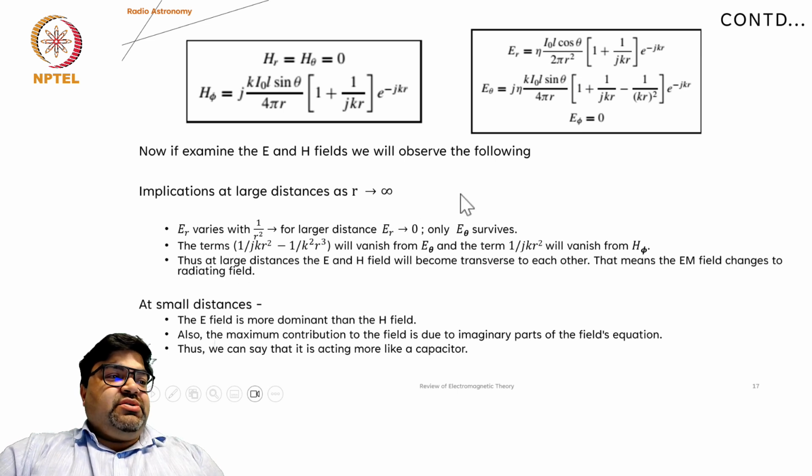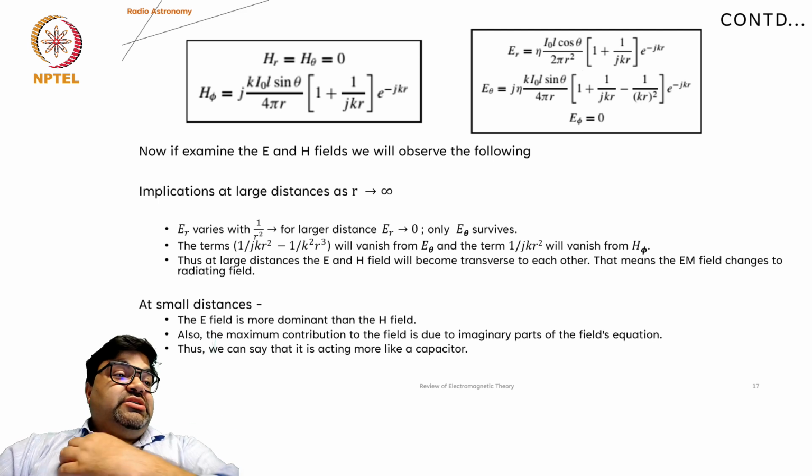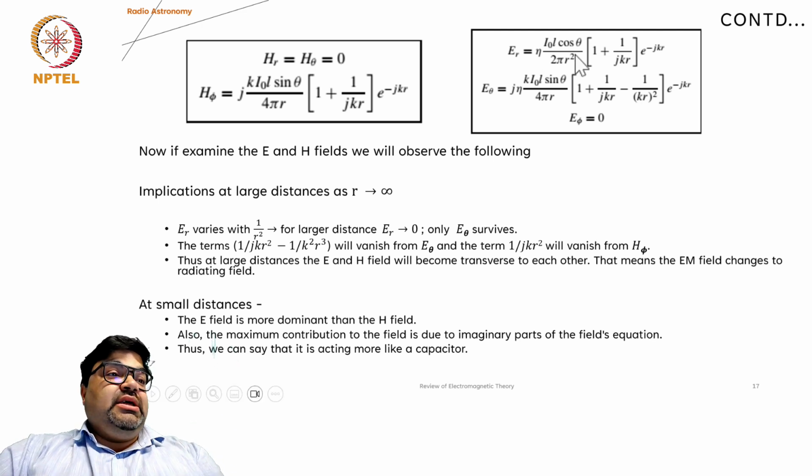As R goes to infinity, E phi is already 0. So E_R goes to 0, because 1 over R square becomes a very small, negligible number. So E_R vanishes, and the only portion which stays is the E theta.